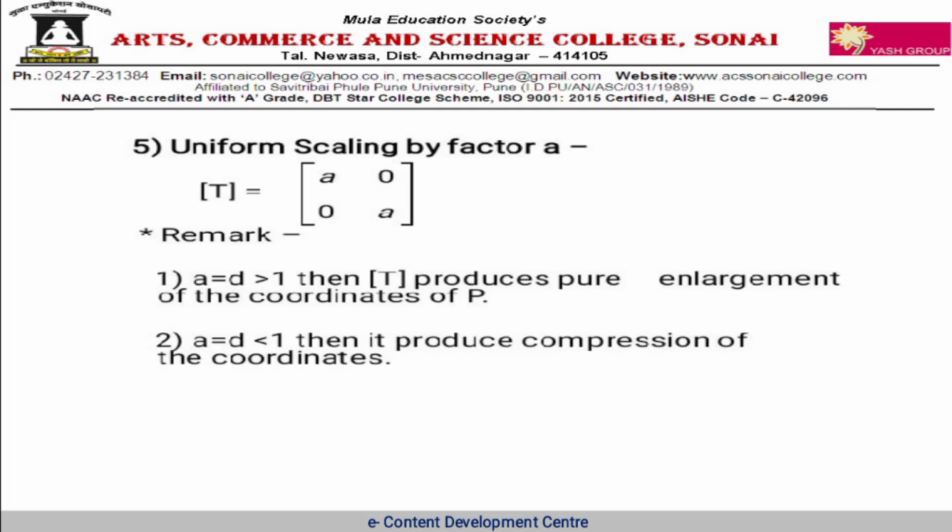The next effect is uniform scaling by factor A. For that, we have the matrix T equal to A 0 0 A. First remark: if A equal to D greater than 1, then T produces pure enlargement of the coordinates of P. Second remark: if A equal to D both less than 1, then it produces compression of the coordinates.